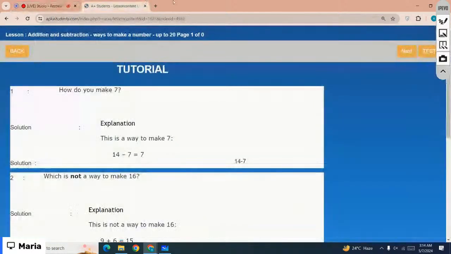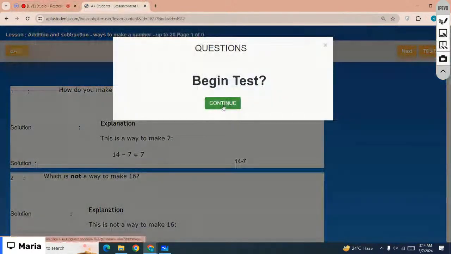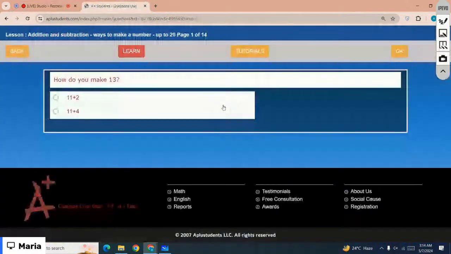Let's just start with the test questions because here you are not given the options. So let's start with the test question, that is how do you make 13, which is the correct option.